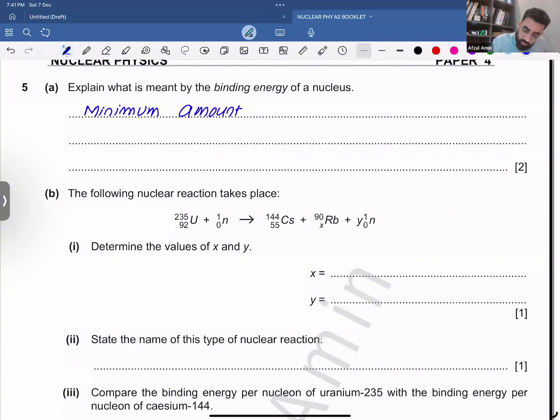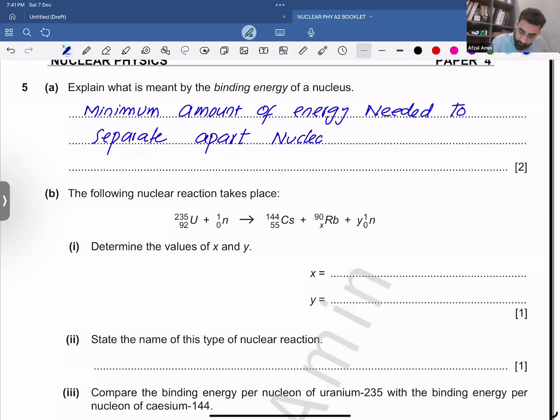Binding energy is the amount of energy needed to separate apart the nucleons to infinity.